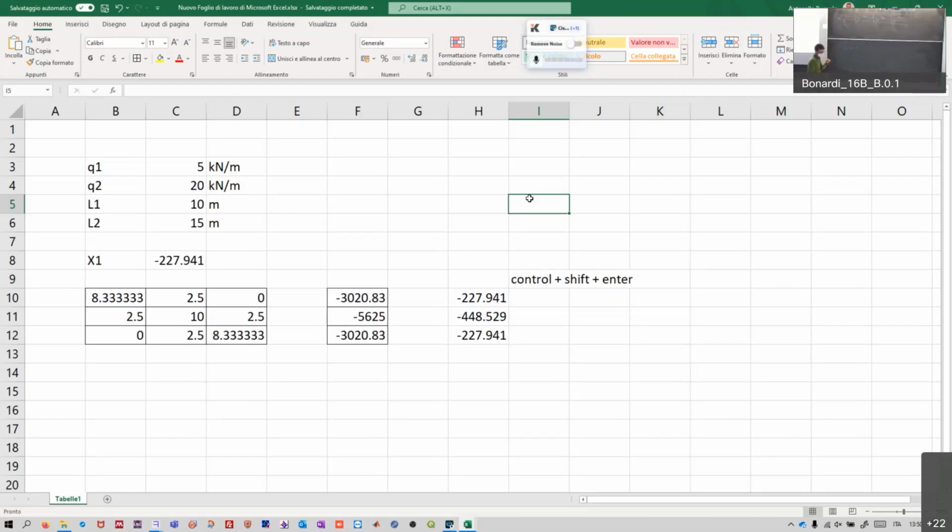This is true for bridges. This is not true for beams and columns in common structures because that displacement will not be so big. Okay, we can go on.